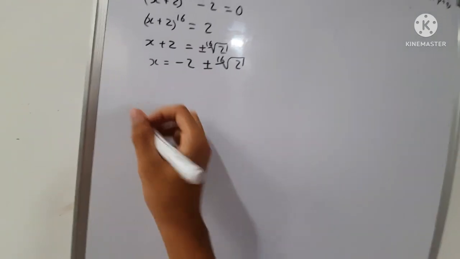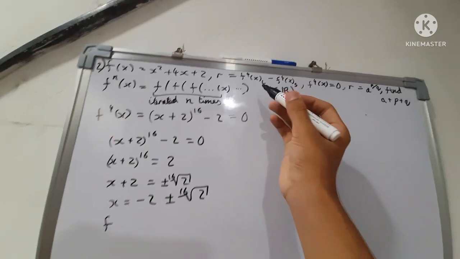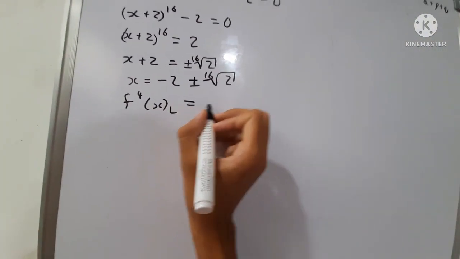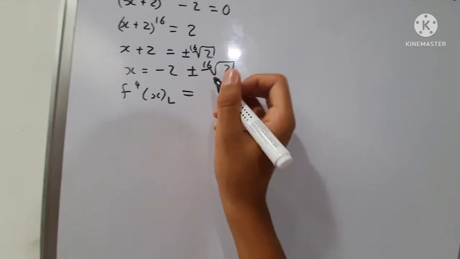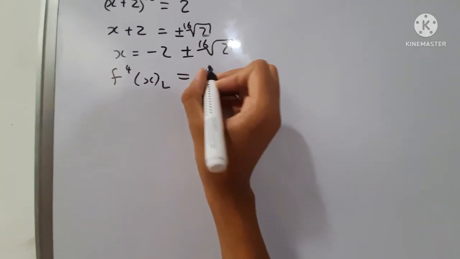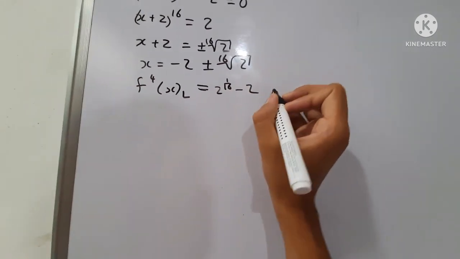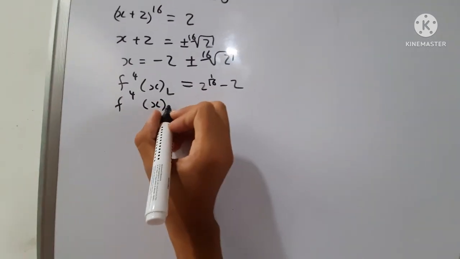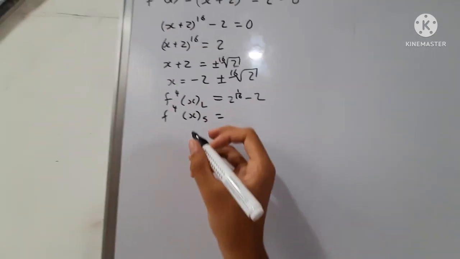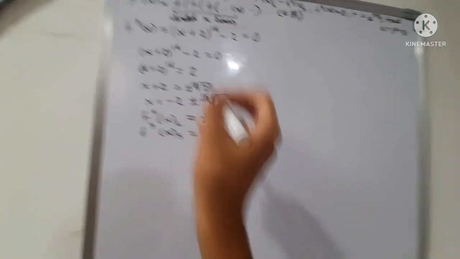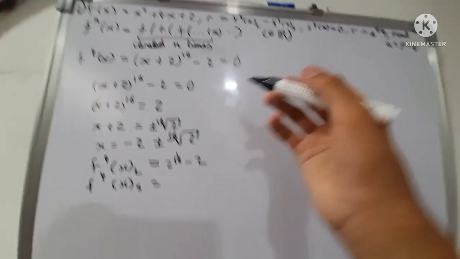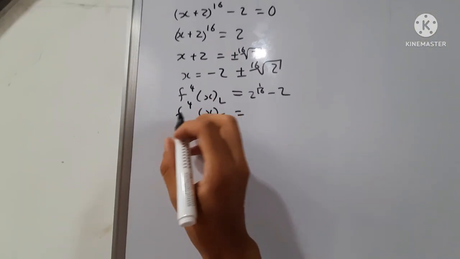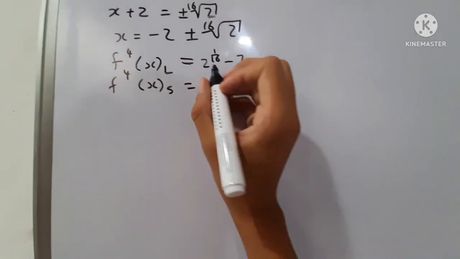we get that. Let's write it in the notation that I wrote here. So f4 x sub l, the largest value, the maximum value if you prefer, is 2 to the 1 upon 16 minus 2, and f4 x sub s is the smallest solution of this polynomial, and that's how I wrote it here.